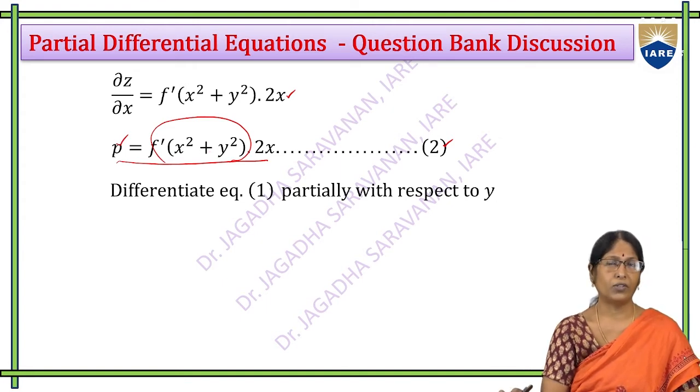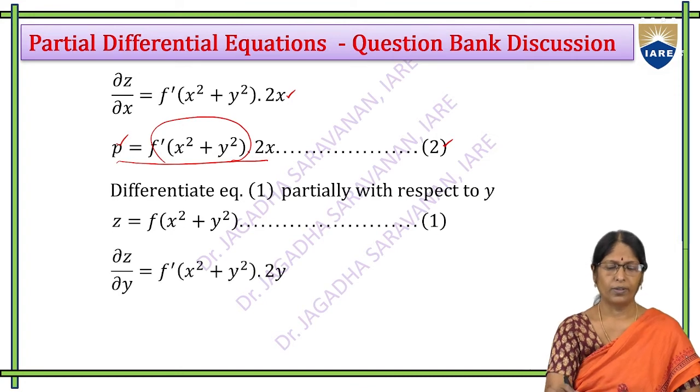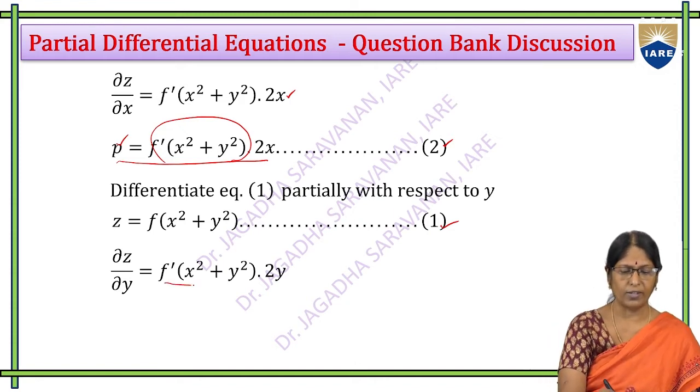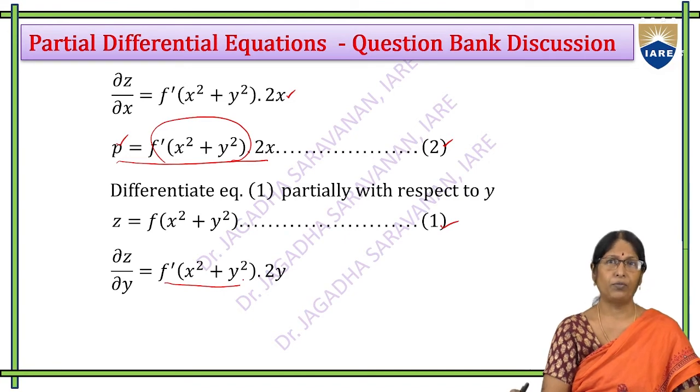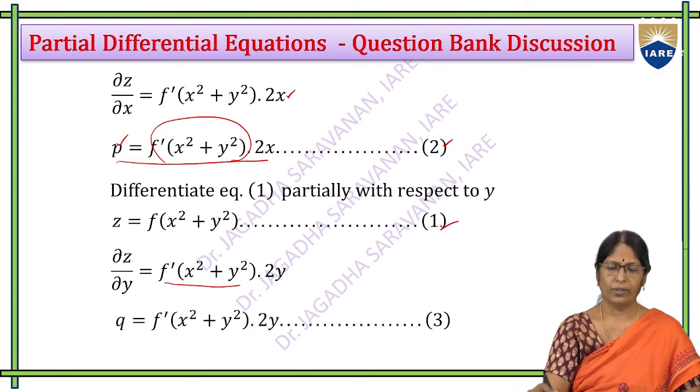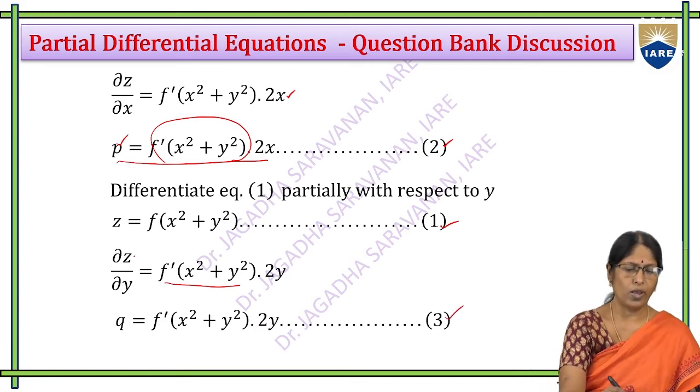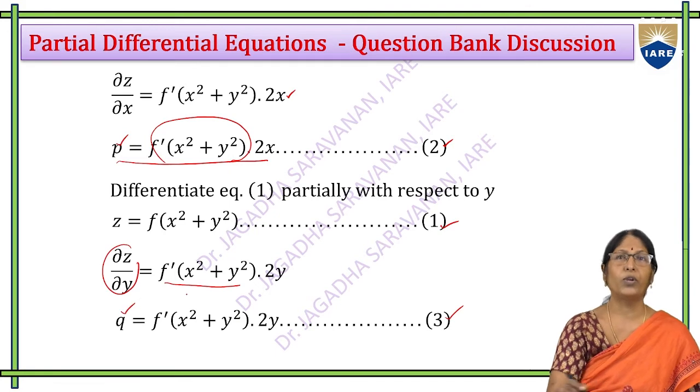So the ideas are very, very important. Now, with respect to y, partially we do the differentiation. We have done it here: f dash of x square plus y square into 2y. This we are naming as equation 3. Dou z by dou y, the notation is q.